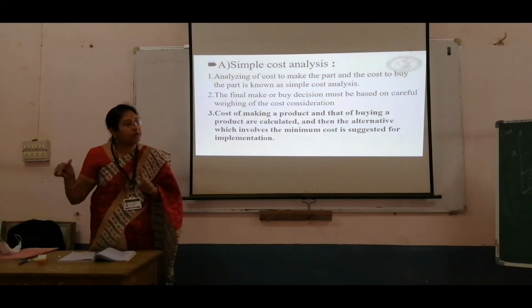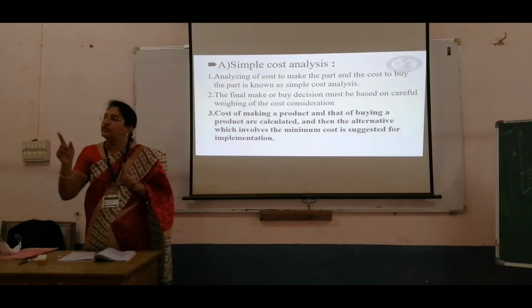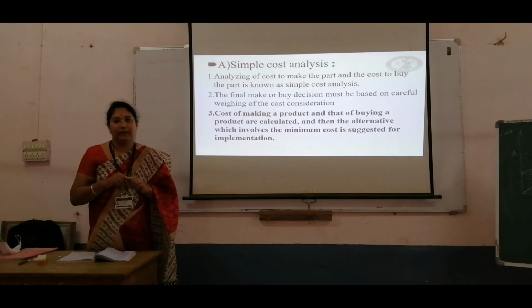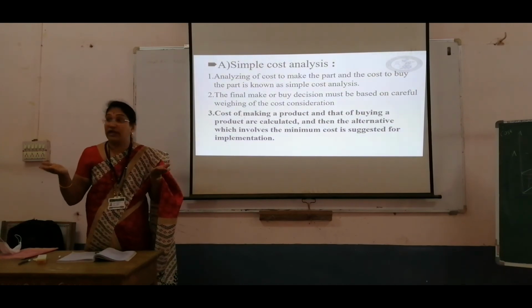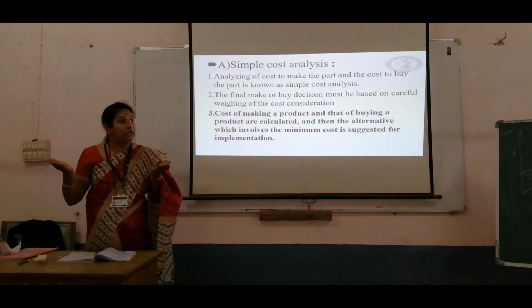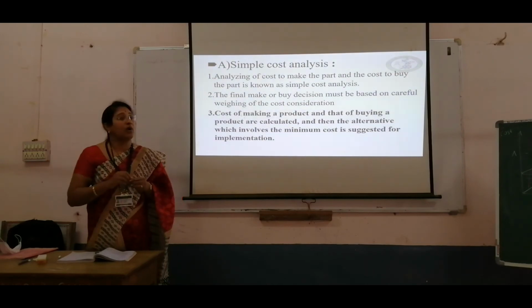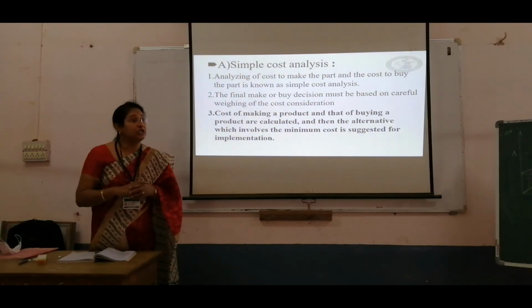If buying cost is minimum, then go for buy, which will give the profit for the company. According to the cost consideration, make or buy are calculated separately and weighed, compared with each other. Whichever gives minimum cost, accordingly the decision is made.